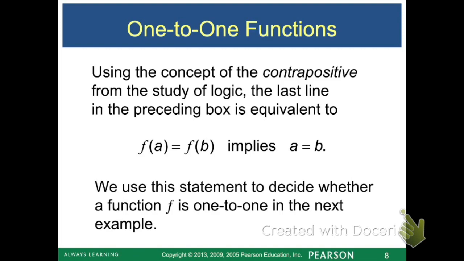Using a fancy logic concept of contrapositive, we're going to flip that and use the definition, if f of a equals f of b, then a has to equal b. So this is the statement that we are going to use to determine if a function is one-to-one. Make sure that's written in your notes.